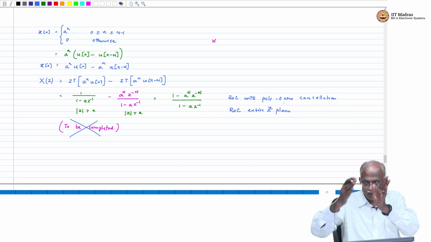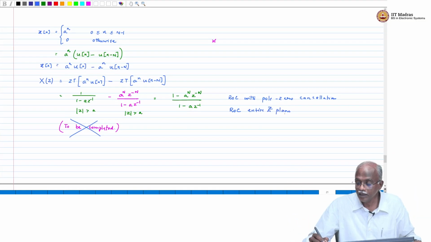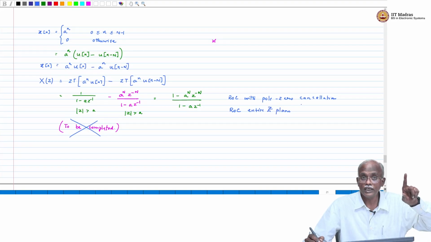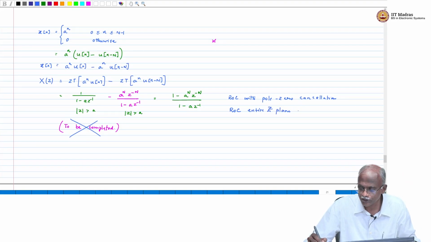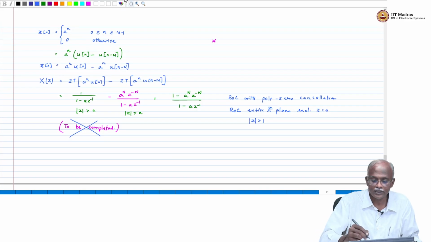Because it has negative powers of z, z equal to 0 has to be excluded. So the ROC is mod z greater than 0.